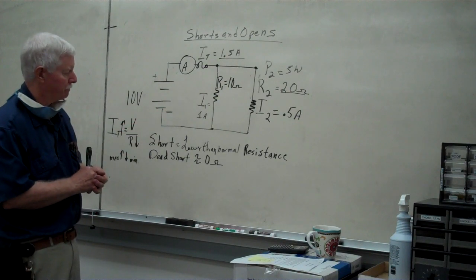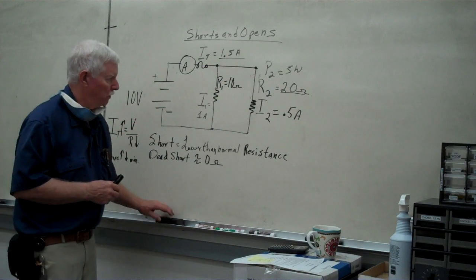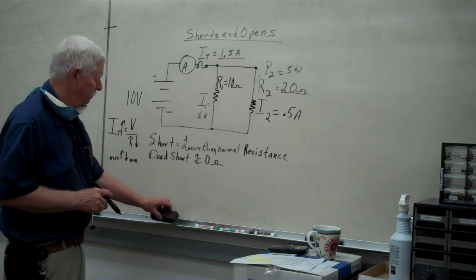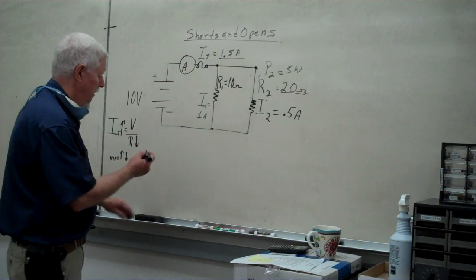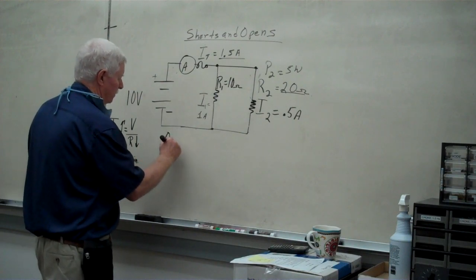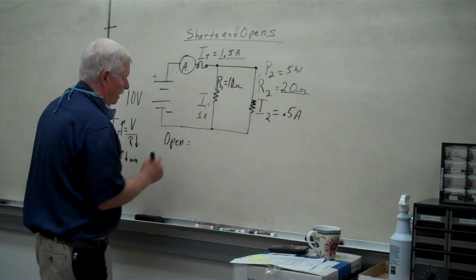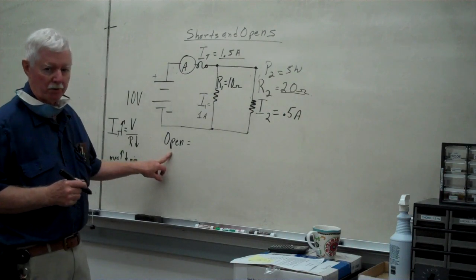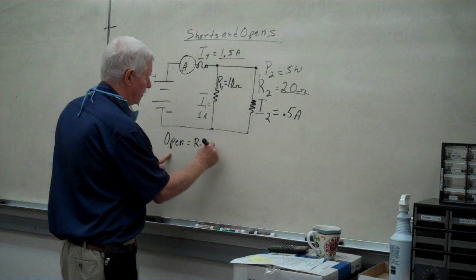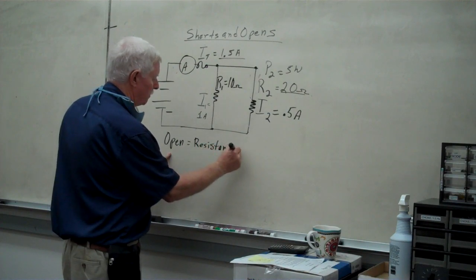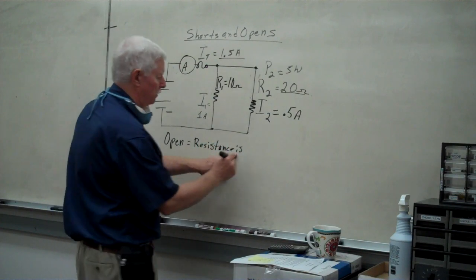In the case of opens, the opens are just exactly the opposite of the shorts. An open circuit works like this. It really means that the circuit resistance, or the device resistance, is higher than normal.